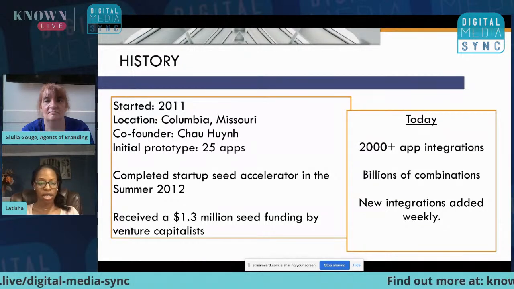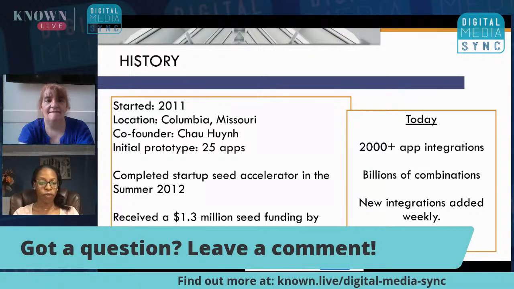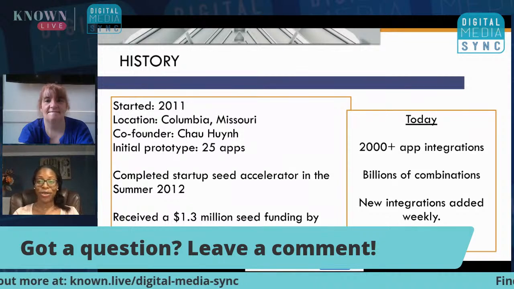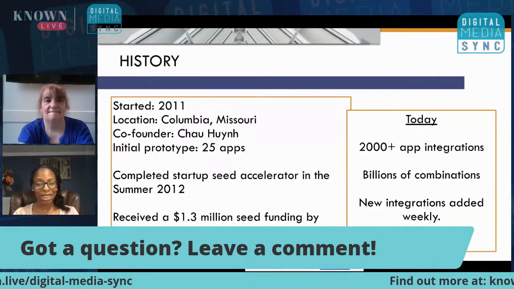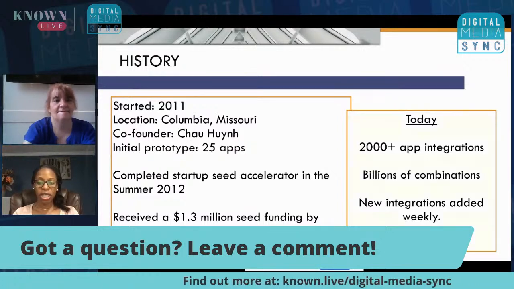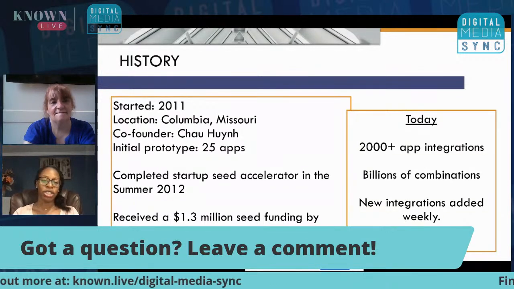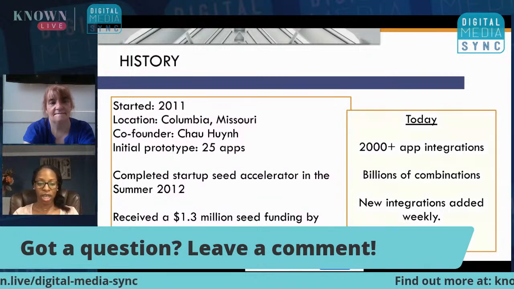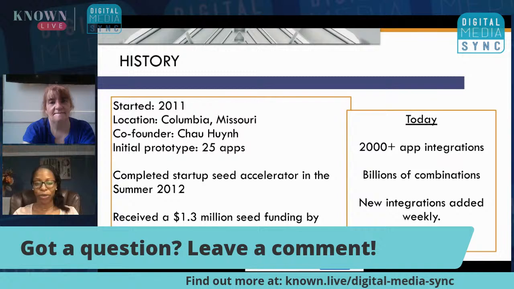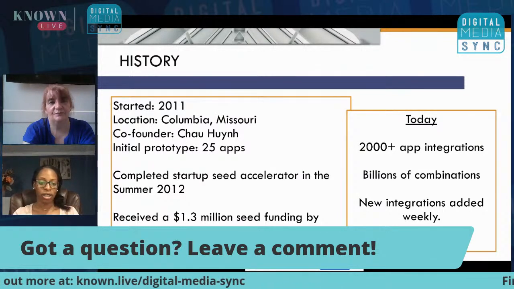And they used that over these last 9 years or so to go from the initial prototype with 25 applications. Today, they have over 2,000 applications, which leads to literally billions of different combinations that you can use. And their integrations are added almost weekly. Once you sign up and you're on their email list, I literally get emails every week, every other week saying new apps have been added or new integrations have been created.